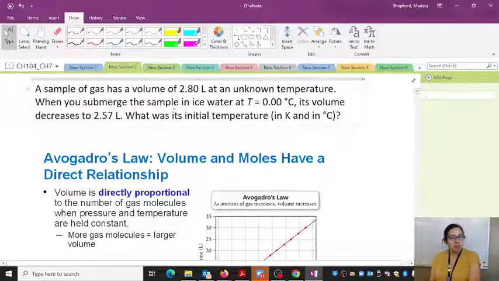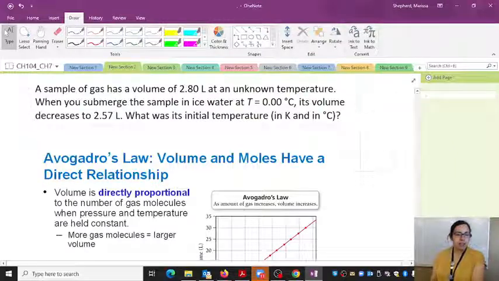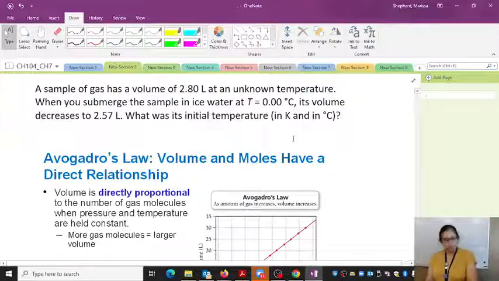A sample of gas has a volume of 2.8 liters at an unknown temperature. When you submerge the sample in ice water at 0 degrees Celsius, its volume decreases to 2.57 liters. So what was the initial temperature? I'll give everyone a few minutes to try it before we go over it.